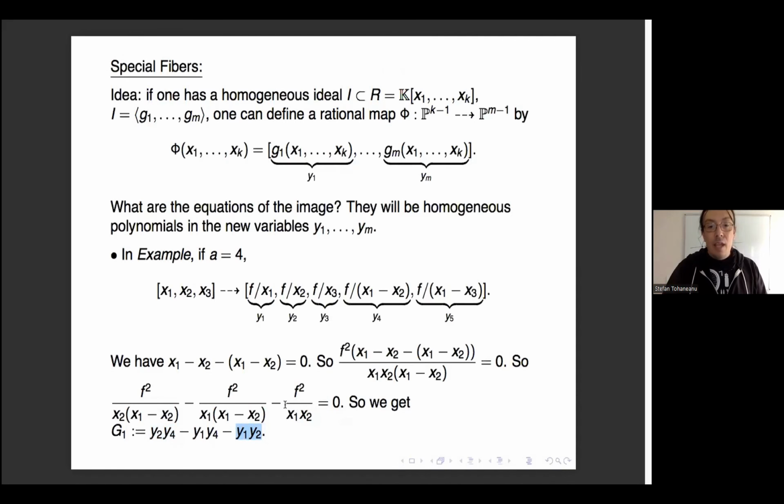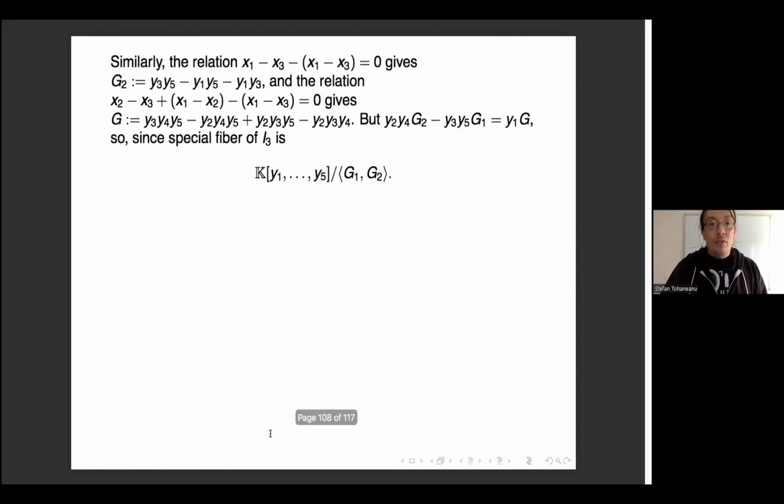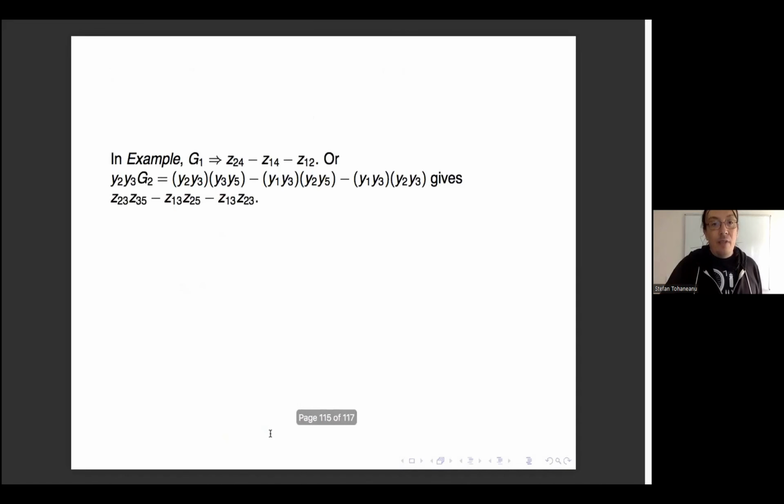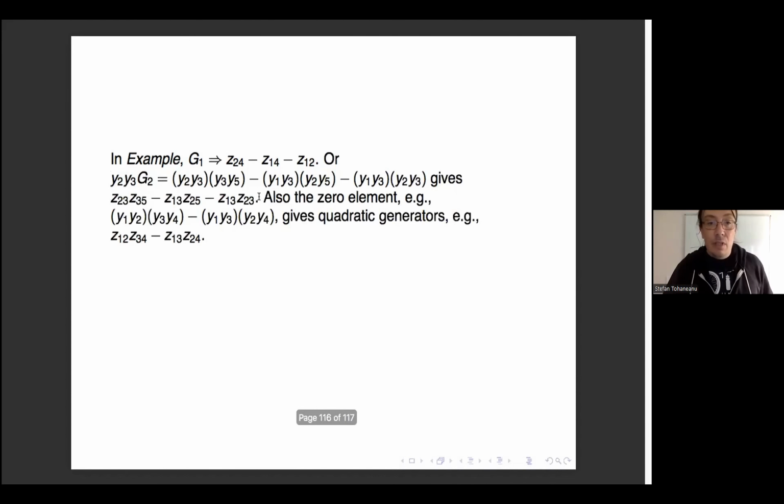So that's one element of the special fiber of I sub 5 minus 2. Now G2 we multiply with this monomial, we get another even degree generator, and we get these generators for our special fiber. We also have some redundant quadratic generators, and that's all.